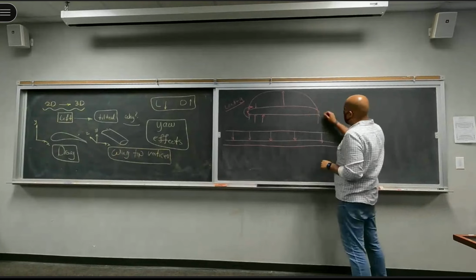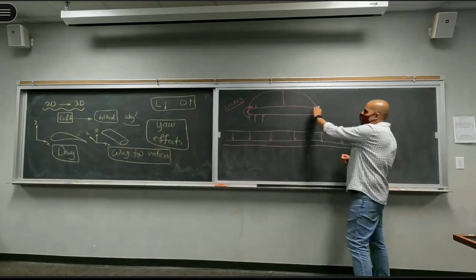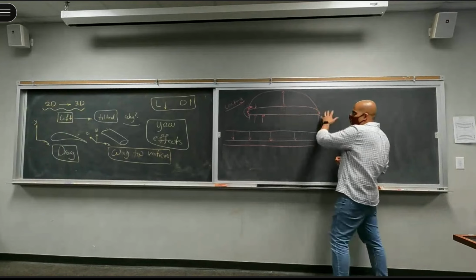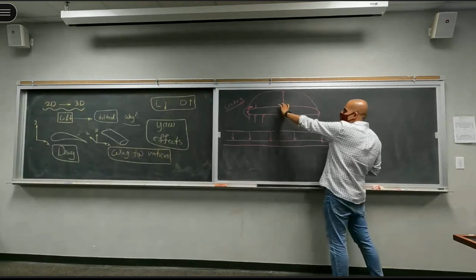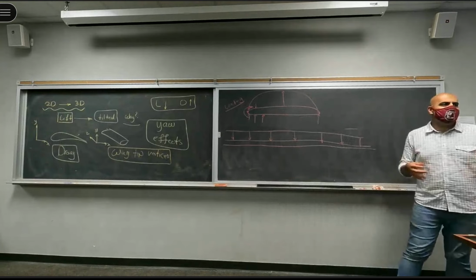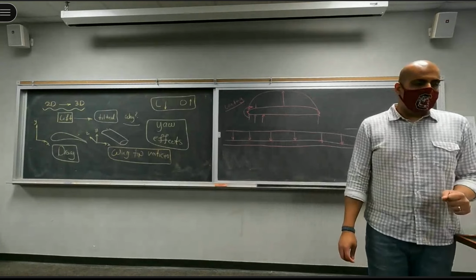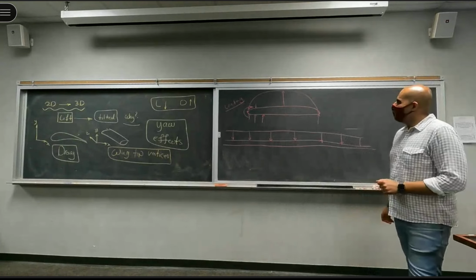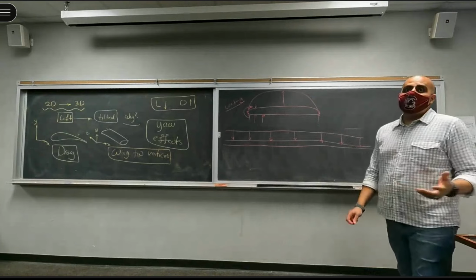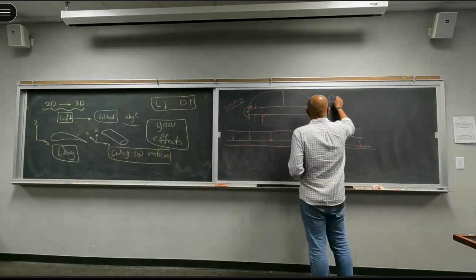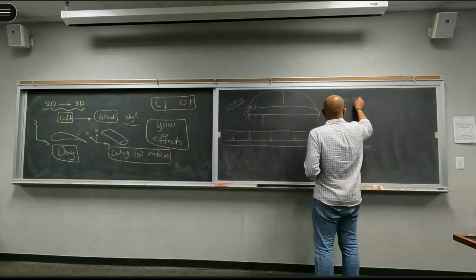You will have zero pressure difference on the tip, a smaller pressure difference near the tip, and the effects of this leak are going to be less dominant when you get to the fuselage or the middle of the wing, right? This phenomenon is called the downwash.